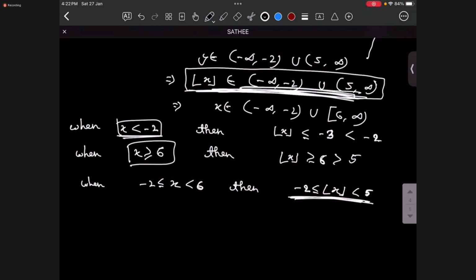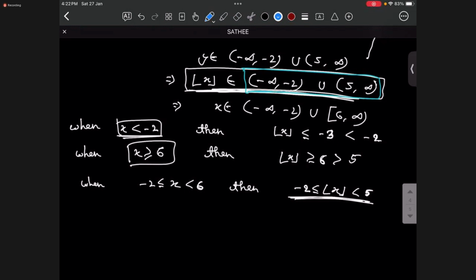Here we have that box: x should be inside the range minus infinity to minus 2, open interval. But the closed interval from minus 2 to 5 is the complement of this interval.